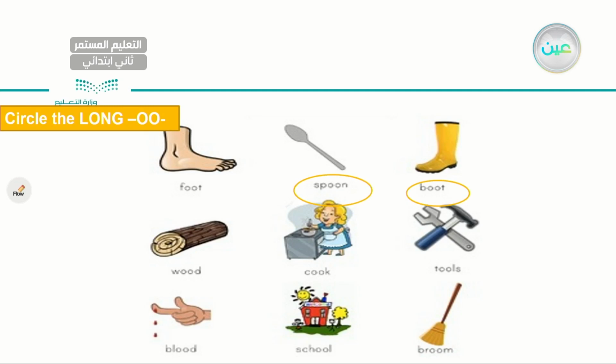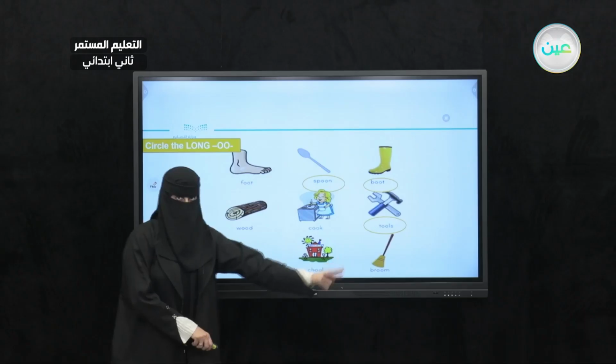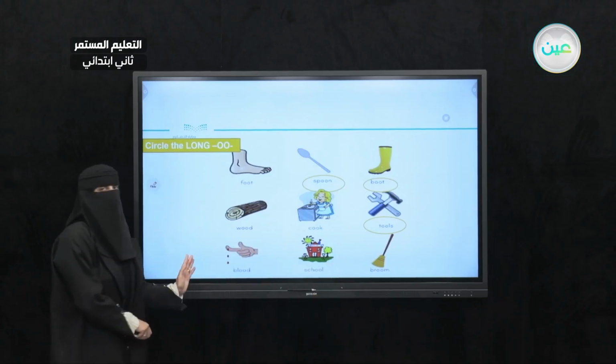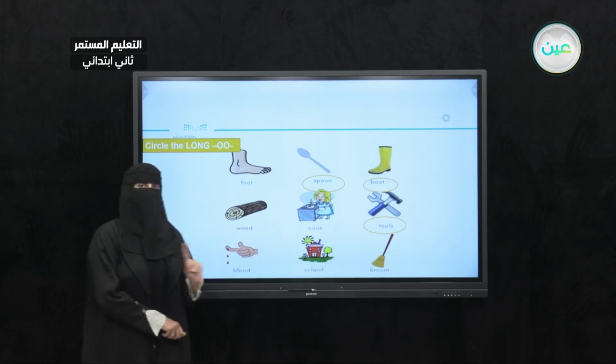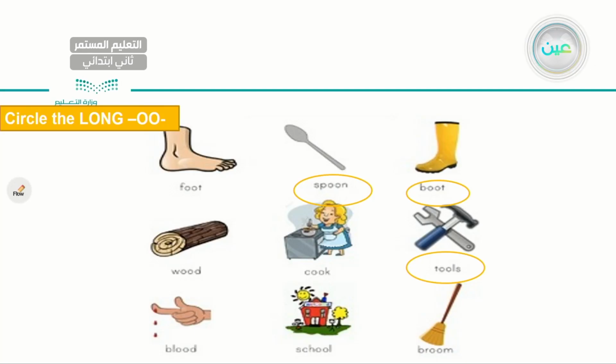Wood. Do I need to circle this? No, it's short. Cook. It's also short. Tools. And this is long. Tools, as in spoon. So tools is also long. Blood. Do I need to circle this? No, it's short. School. School is also long. And broom. Broom is also long.